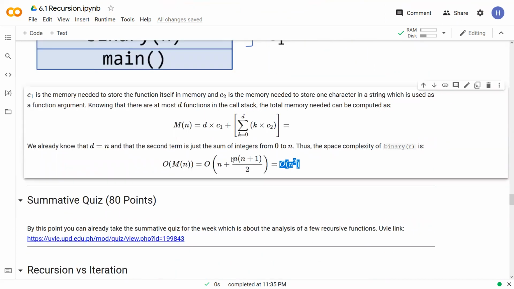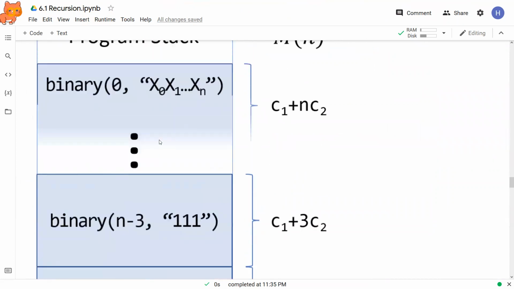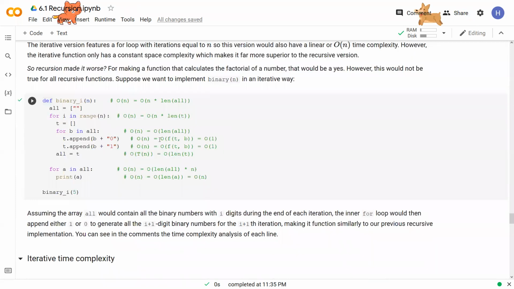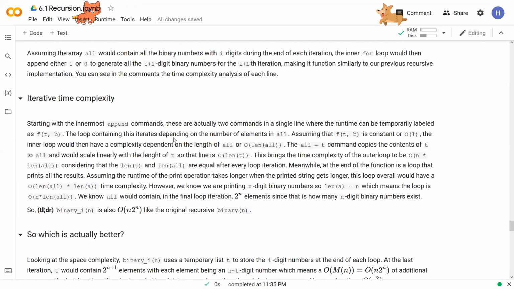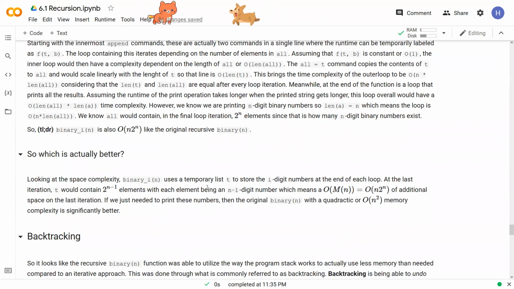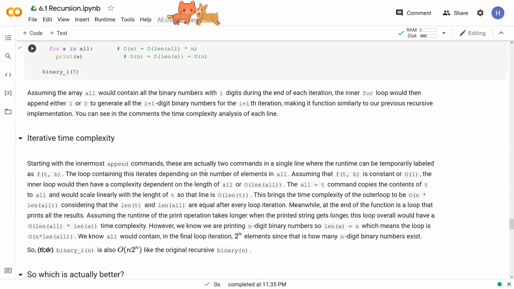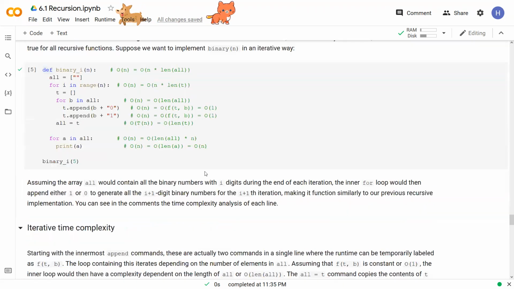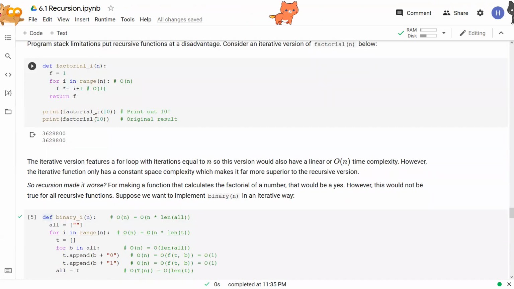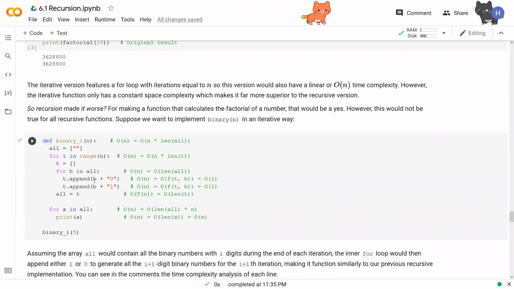So because we are using yung ating program stack, actually, nakatipid tayo ng konti on memory. So yun lang yung gusto nating sabihin with these two examples. So in a way, sa factorial, hindi siya nag-improve. It actually made it worse. And dito naman sa binary, actually, nakakatipid tayo sa memory.